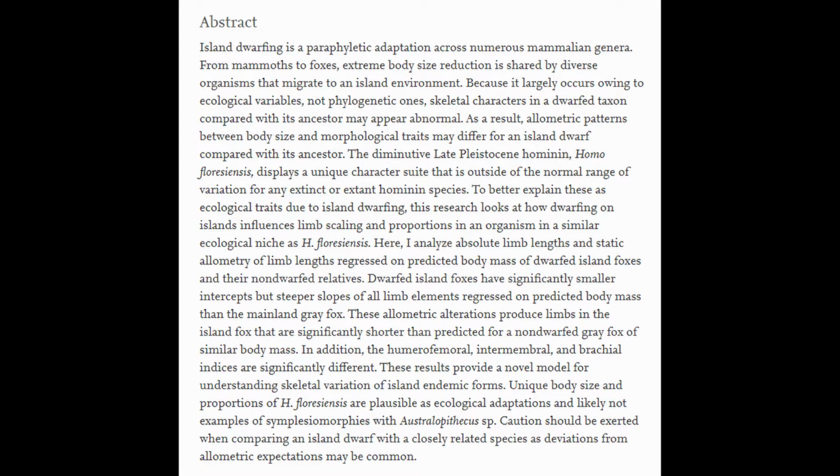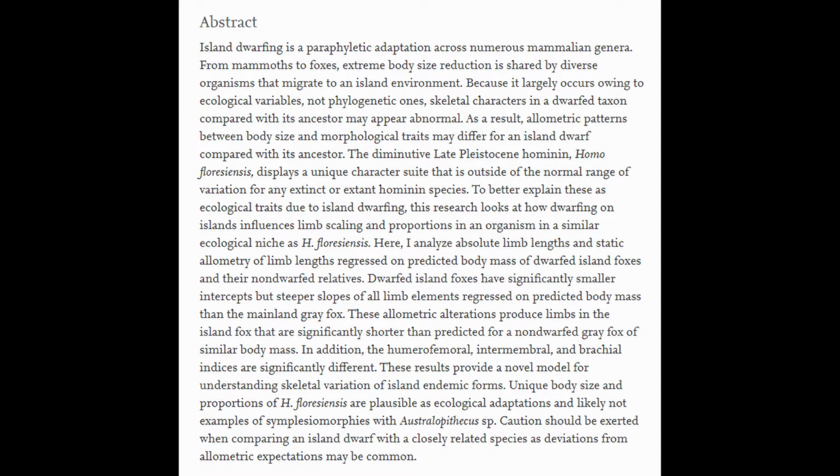So that's basically a very detailed explanation of the results of the allometric analysis. What we're seeing here is that when you look at the predicted downscaling of the size of a grey fox, for example, the numbers come out differently to what we see in the species on the island fox.